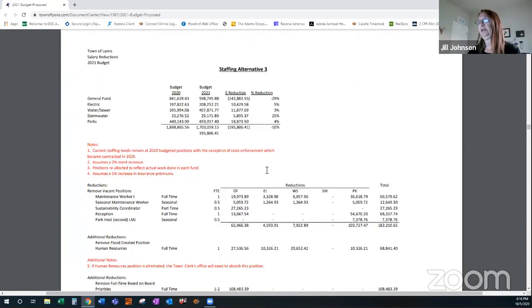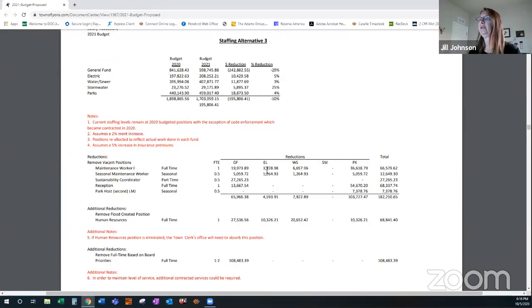And then finally, we looked at a third staffing level where if the board was still not happy with the level of cuts, which we have been looking at, we could do one additional one. In this one, it could be 1 or 2 full-time people, and it would be dependent on what the board would like us to do. Hopefully you guys would give us direction.